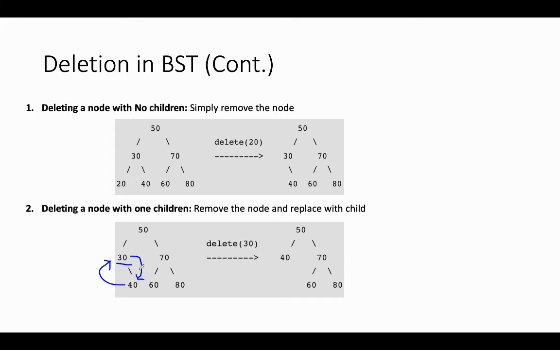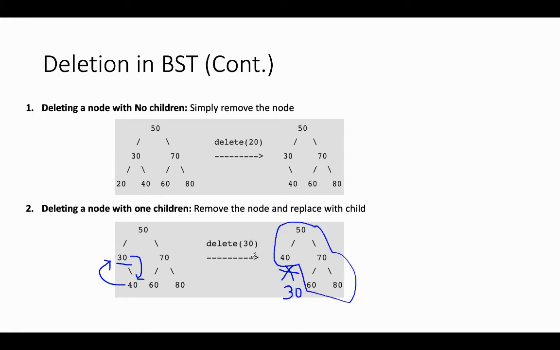Once we have performed this exchange, the node we want to delete is at the leaf node, so we can simply remove it using case 1. Once this is removed, we are left with this tree, which is the final tree.